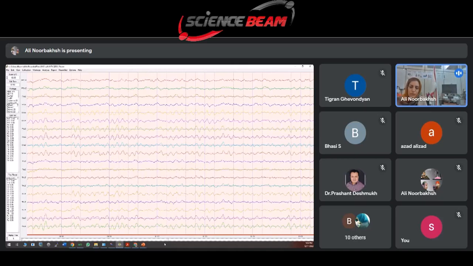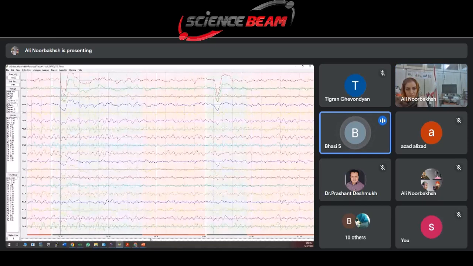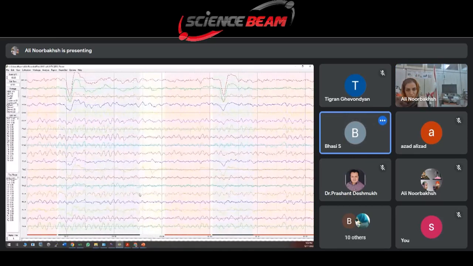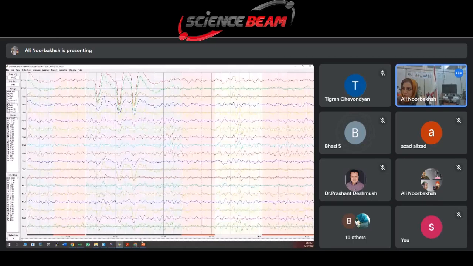The reliability of the signals. So it takes one epoch and compares it with another epoch. It's a comparison of the first part and the second part of the duration.